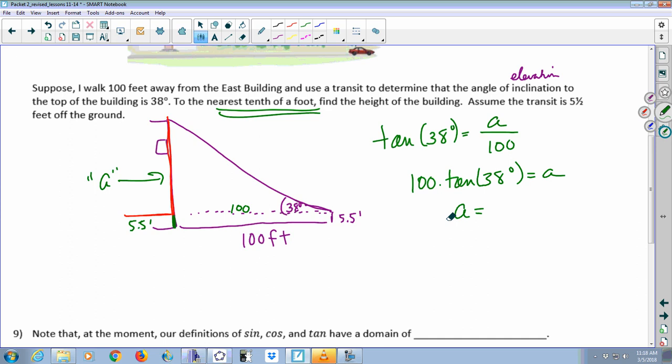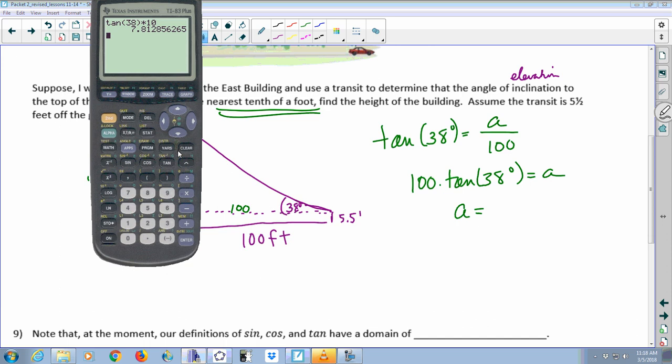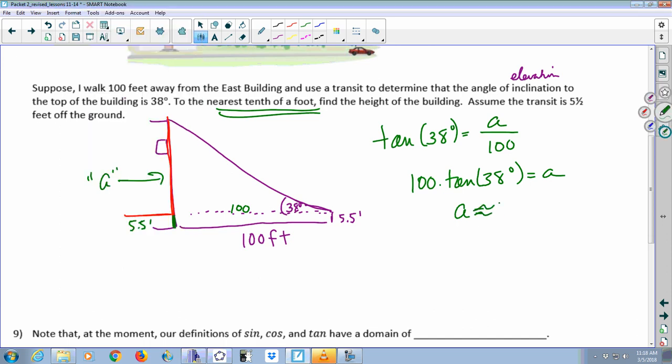Oh, yes, thank you, I was going to say that's a small building. Times 100, thank you. So it's 78.1. A is approximately 78.1. Now I add to that the 5.5 feet, and I get 83.6 feet tall.